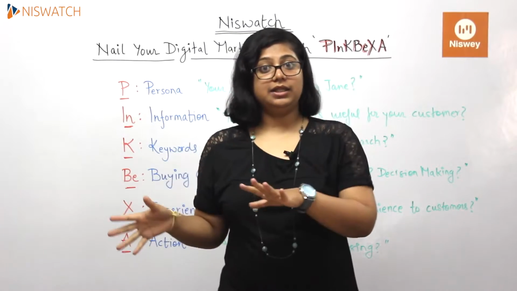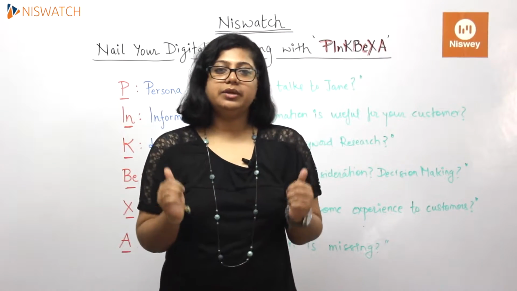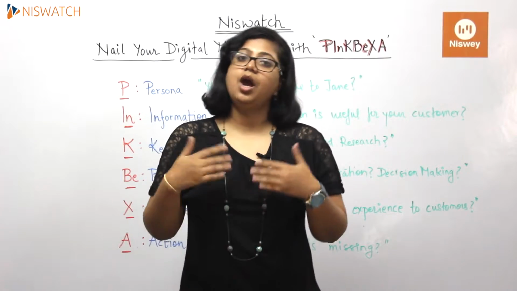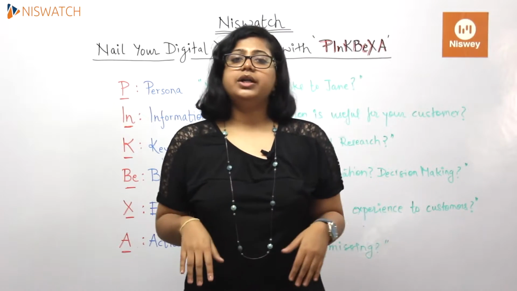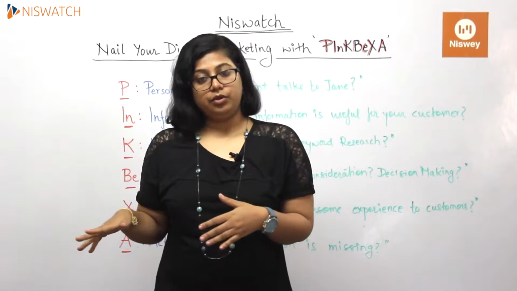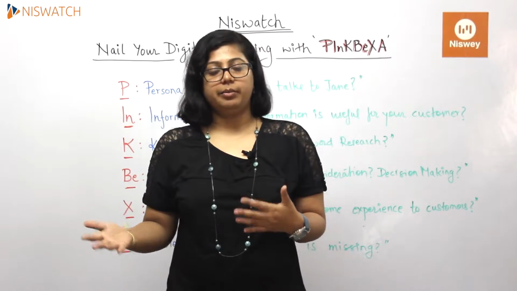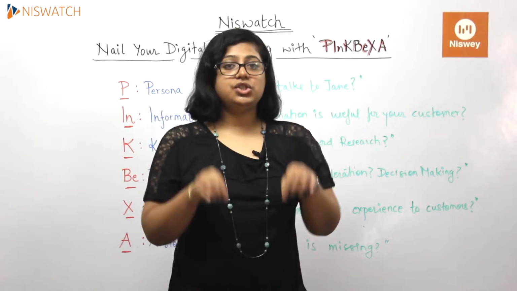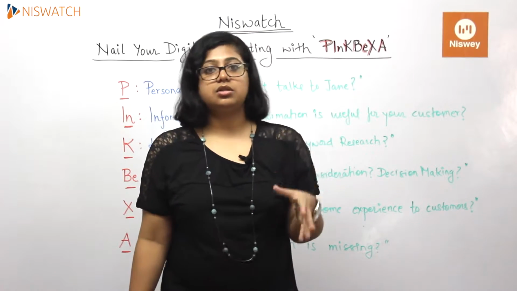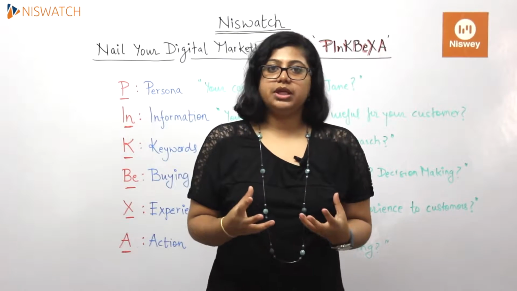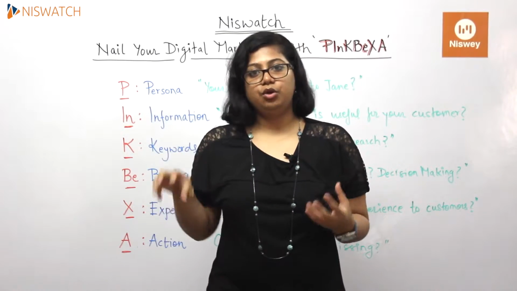Again, taking the example of Jane, what would she be typing when she is looking for an app development company? Is she typing mobile app development firms, or application development firms? Android app development, or iOS app development? Depending upon what keywords she is using to search for your company, you need to know those keywords and incorporate them into your content.